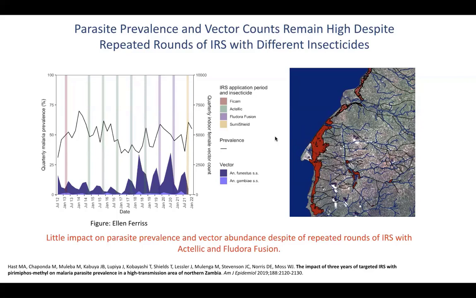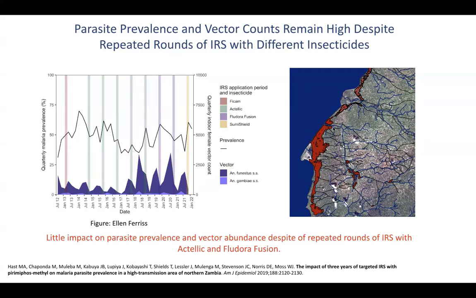On the right is a map, using satellite imagery as the background, of the initial targeting of indoor residual spraying in this district. The blue on the left is Lake Mweru, so this district abuts Lake Mweru.